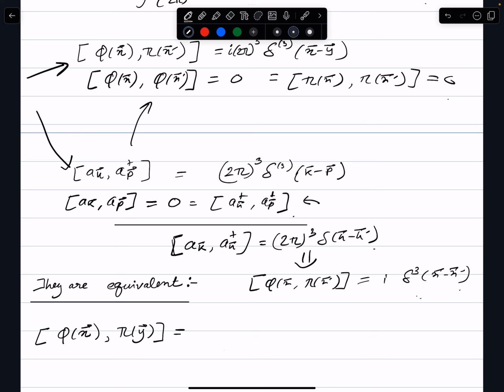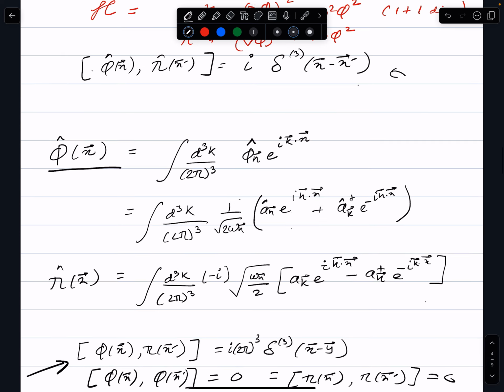Or I can assume this is true and then, taking the decomposition, writing phi and pi like this, I can show that a and a dagger must have the commutation relation satisfied by ladder operators in the harmonic oscillator. Is this logic clear, or should I explain this more?